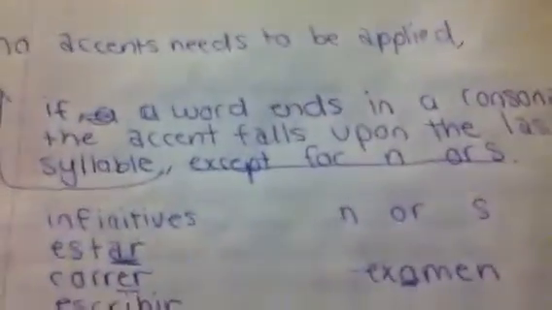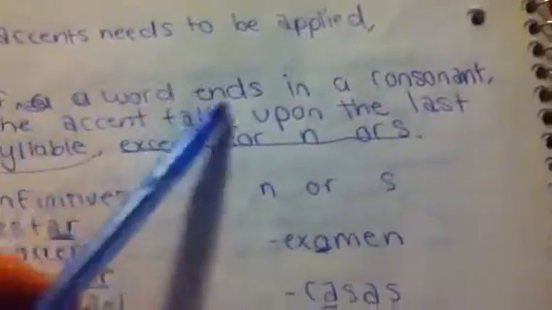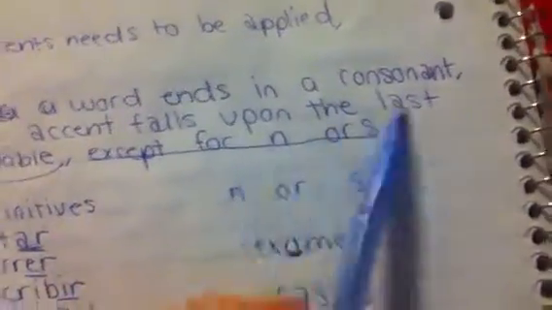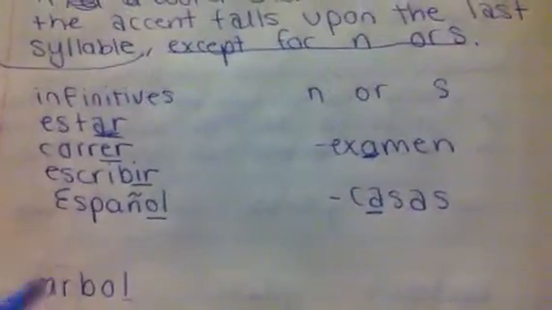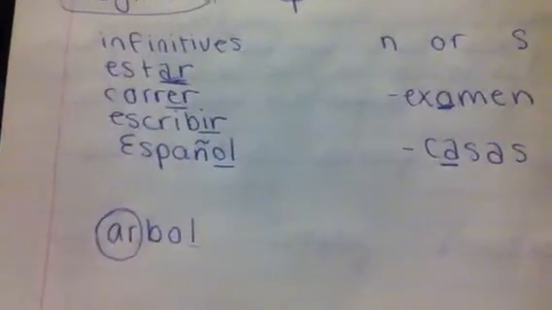Knowing these rules from the top, if a word ends in a consonant, the accent falls upon the last syllable. This is a consonant. This is a consonant. But the accentuation falls on this part of the word. So you don't say arbOL, you say ÁRbol.